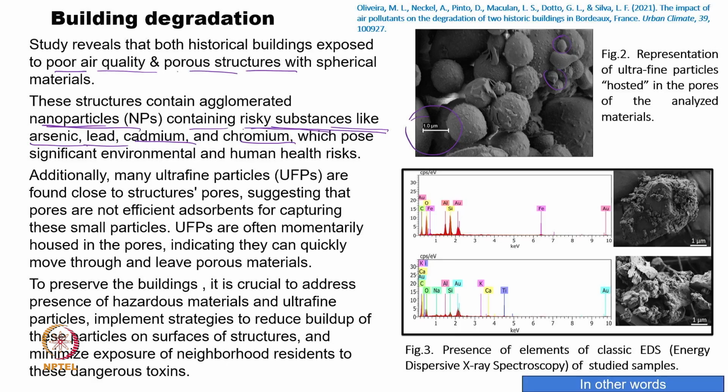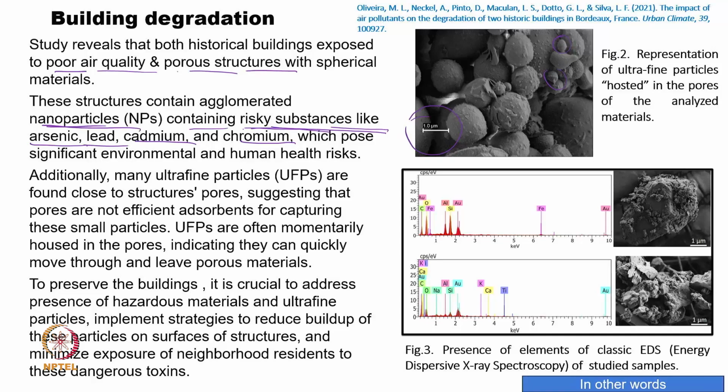Maybe those materials were banned a few years back, and they are still there on the building surfaces. Naturally, being toxic materials, they will cause some health issues. That is why it is an important thing. Another thing, they have found ultrafine particles, particularly nanoparticles, that can even create health issues for us, and they remain close to the structure pores, wherever there are pores.